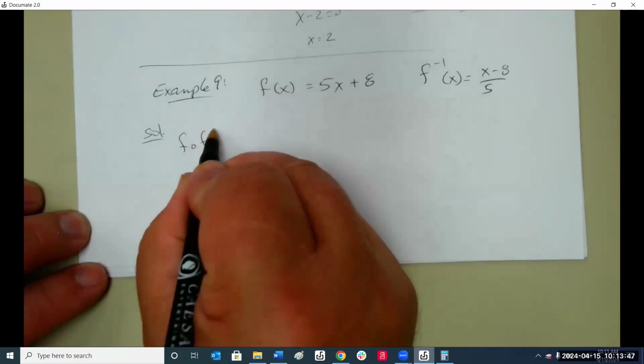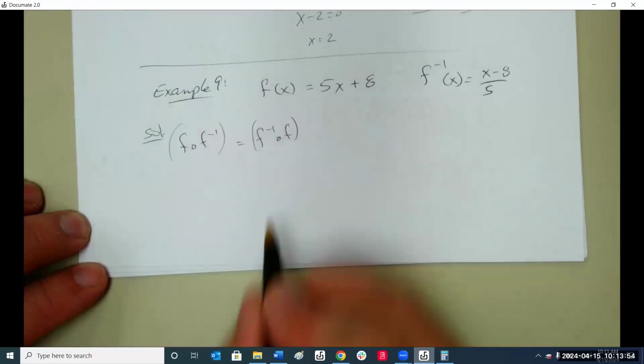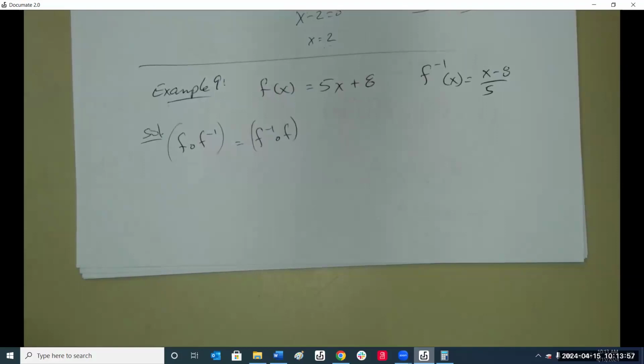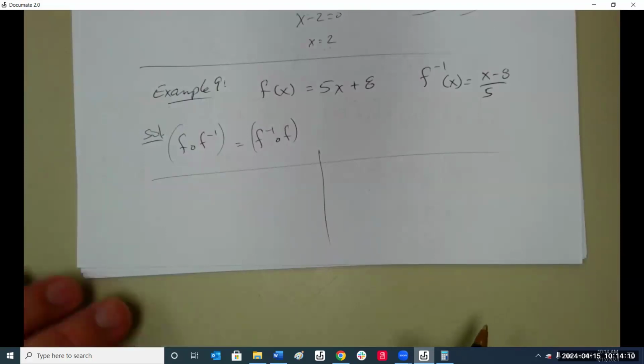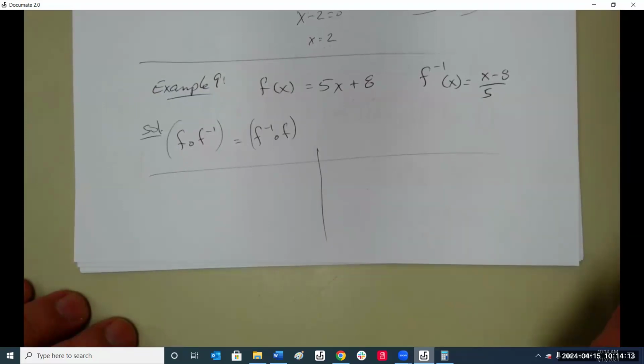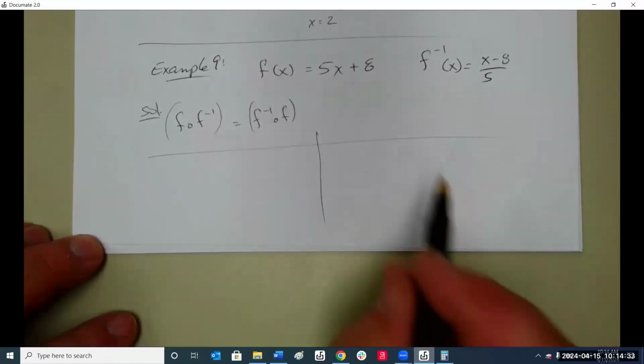So we have to do the composite function thingy. All right.